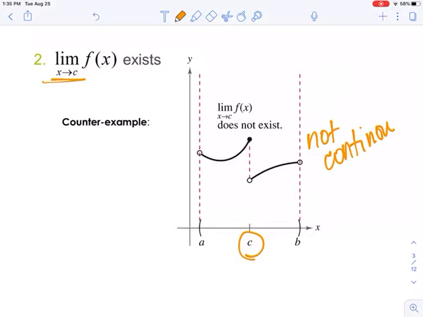A break is a lot easier to see for us, and so this is not continuous. Since the limit doesn't exist at c, we don't have continuity.